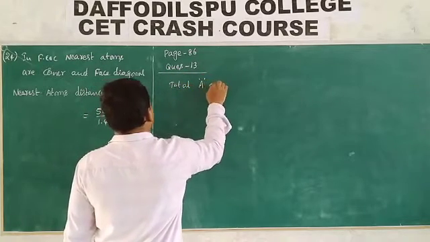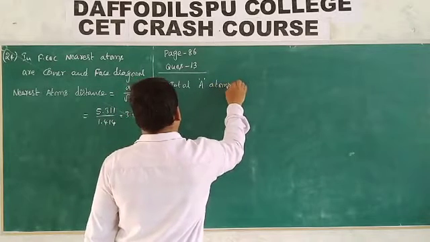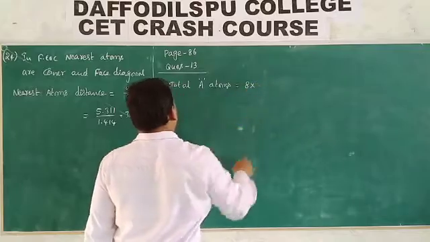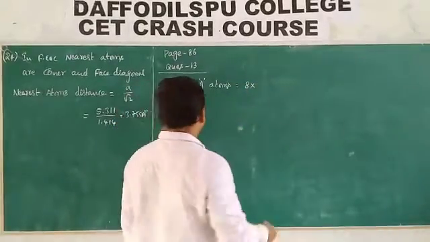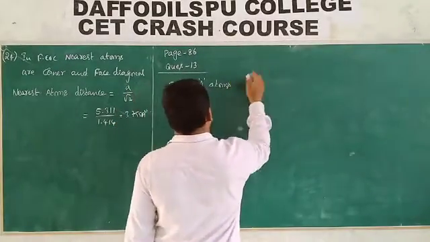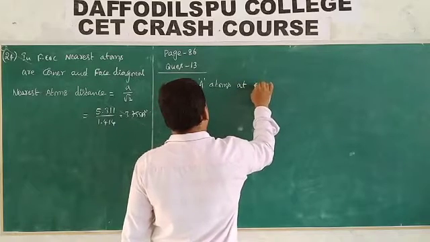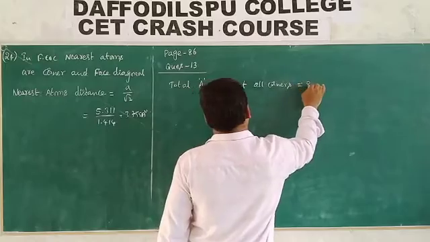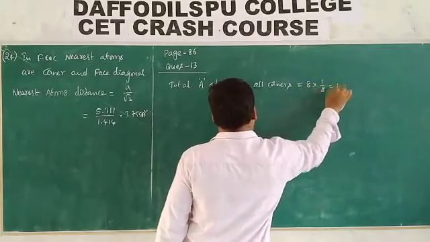Total A atoms: A atoms are at all corners, 8 into 1 by 8.